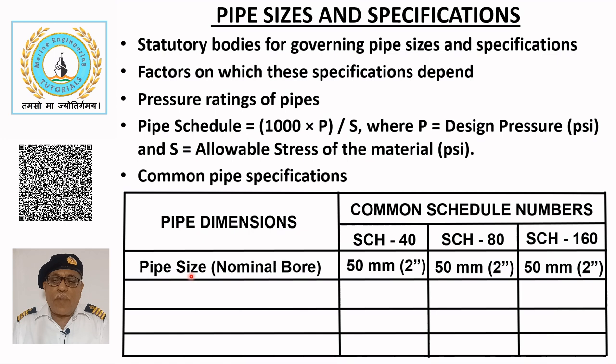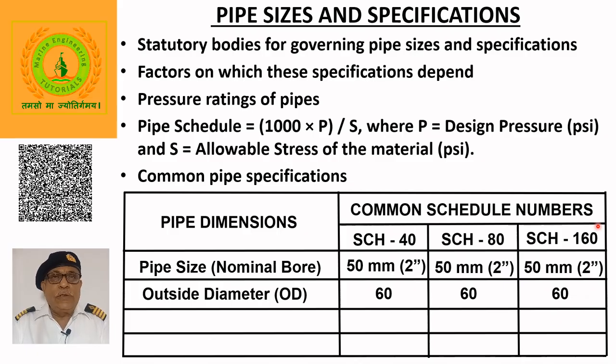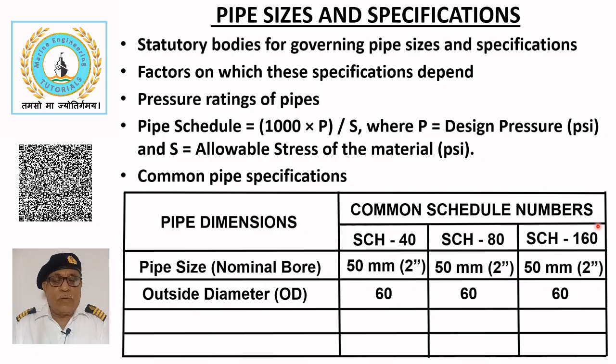Pipe size under comparison is 50 millimeter nominal bore or 2 inch. Outside diameter is the same in all the cases, which standardizes sizes of fittings such as flanges, elbows, tees, reducers, etc. Inside diameter of the pipe reduces as the schedule increases.